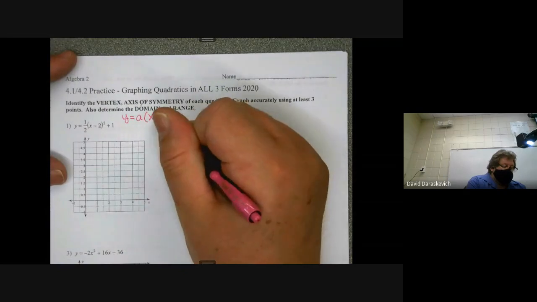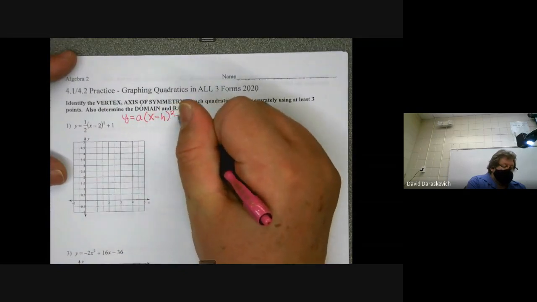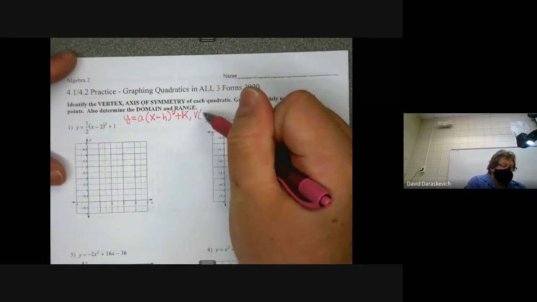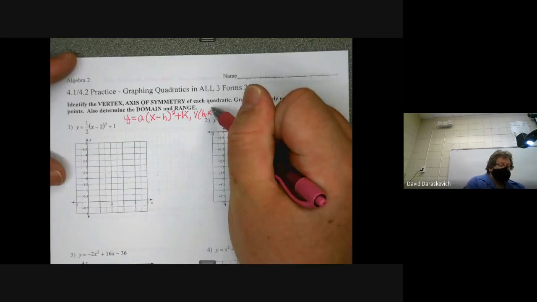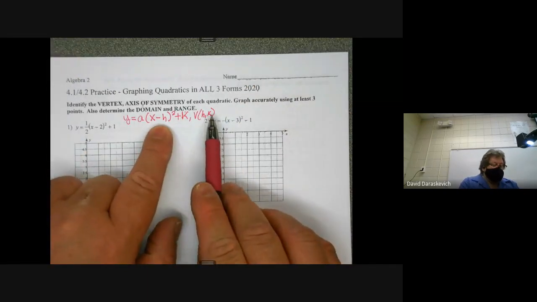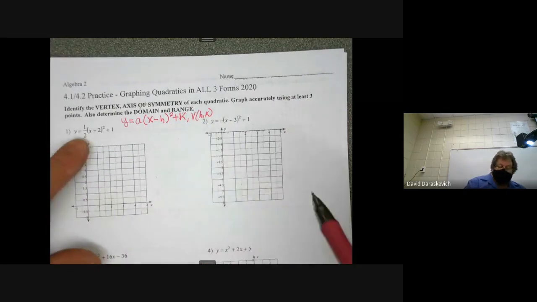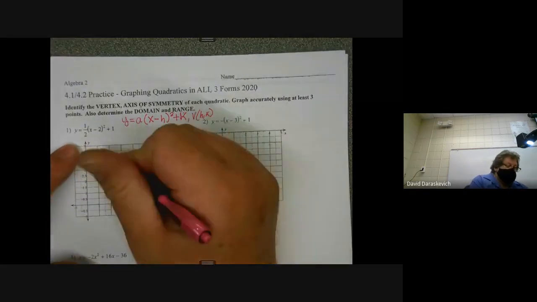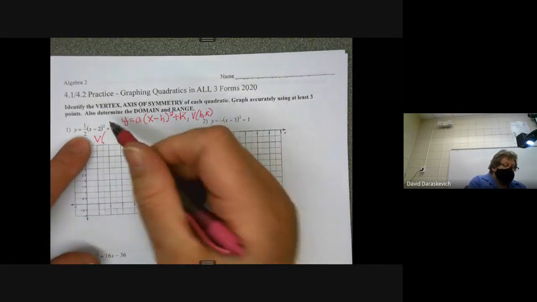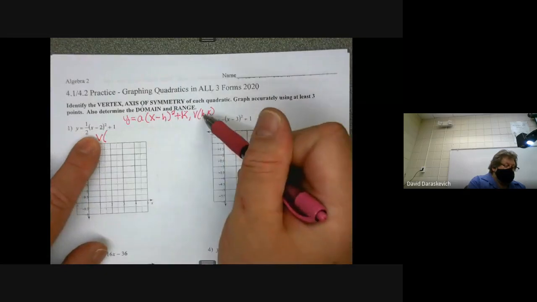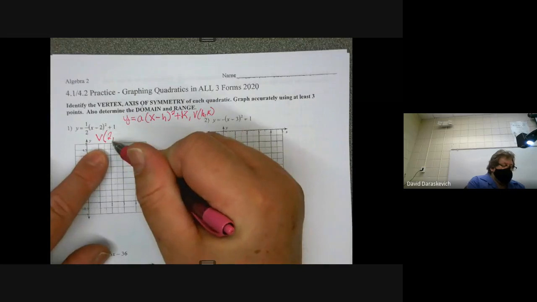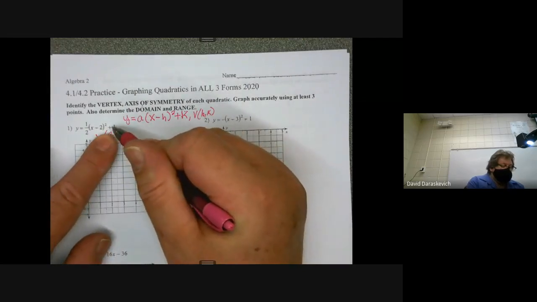Remember, it's a times (x minus h) squared plus k, where our vertex is (h, k). Remember, our h is the opposite sign that's there, and the k is the same sign. So in this particular problem, my vertex h is the opposite sign, so it's a positive 2, and my k is the same sign, so it's a positive 1.